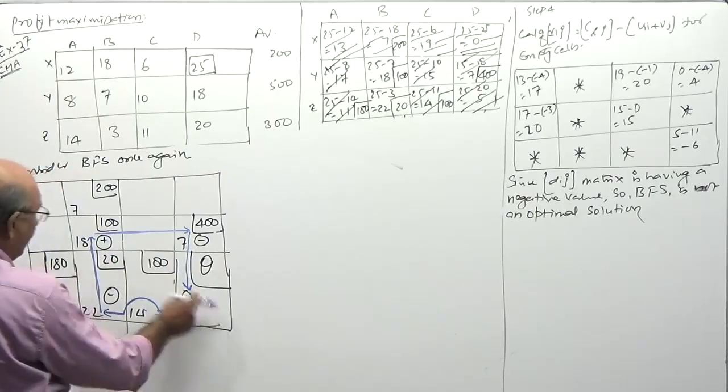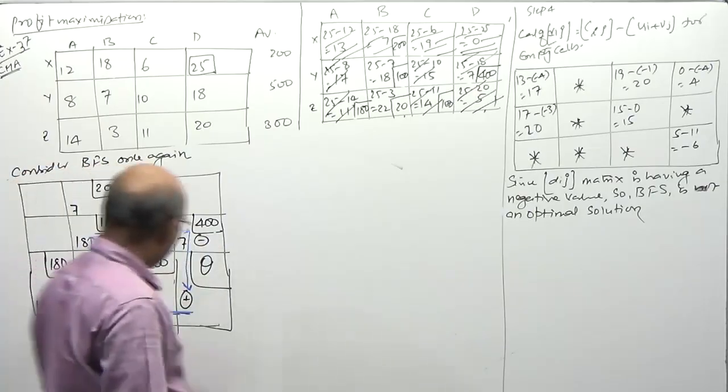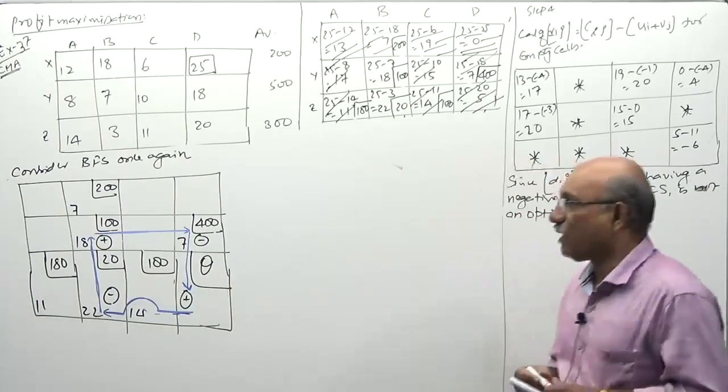So, start with plus, alternate minus, plus, minus. This way a closed loop is formed.